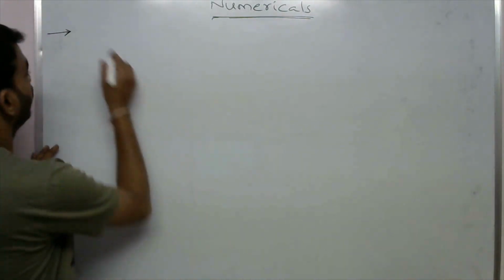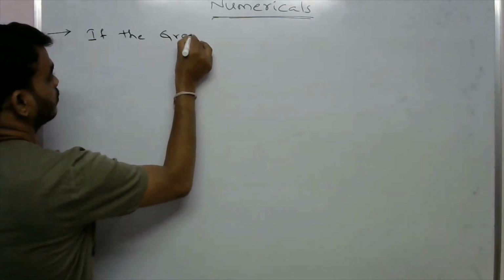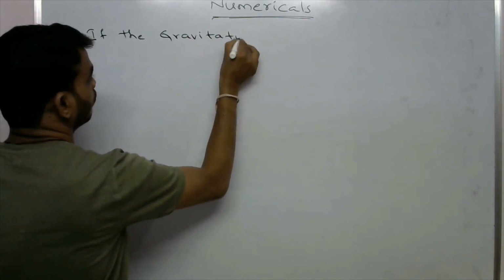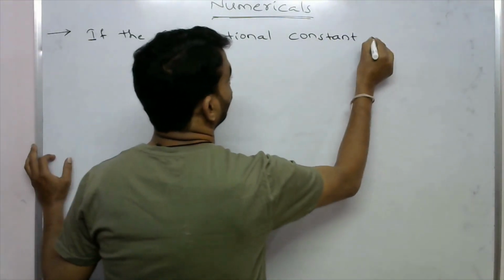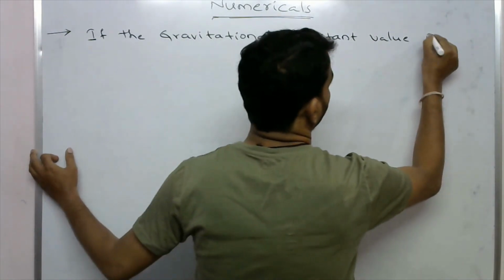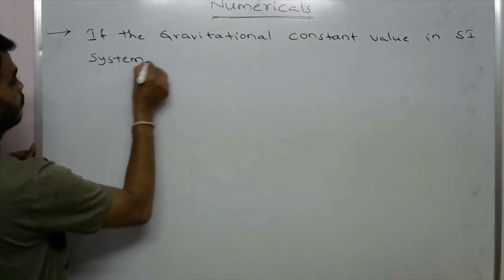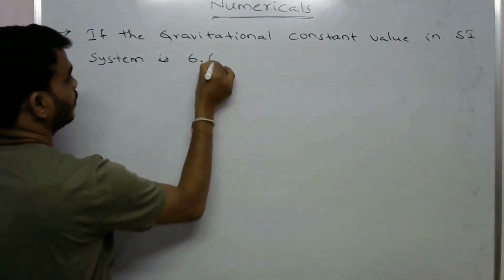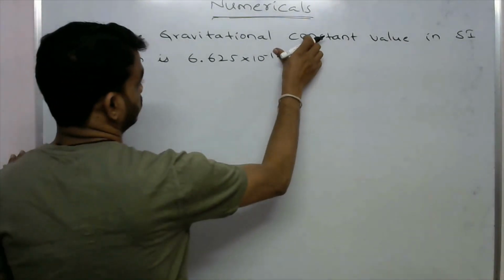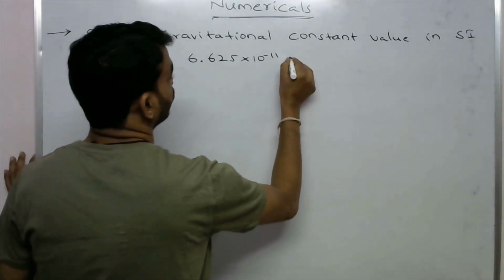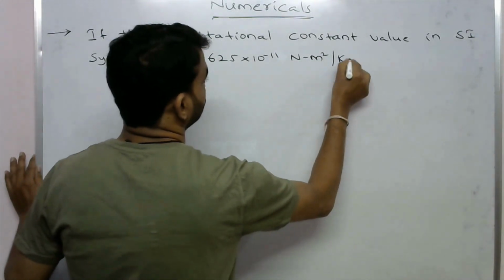Okay. So if the gravitational constant value in SI system is 6.625 into 10 to the power of minus 11, sorry, G equal to Newton meter square per kg square.